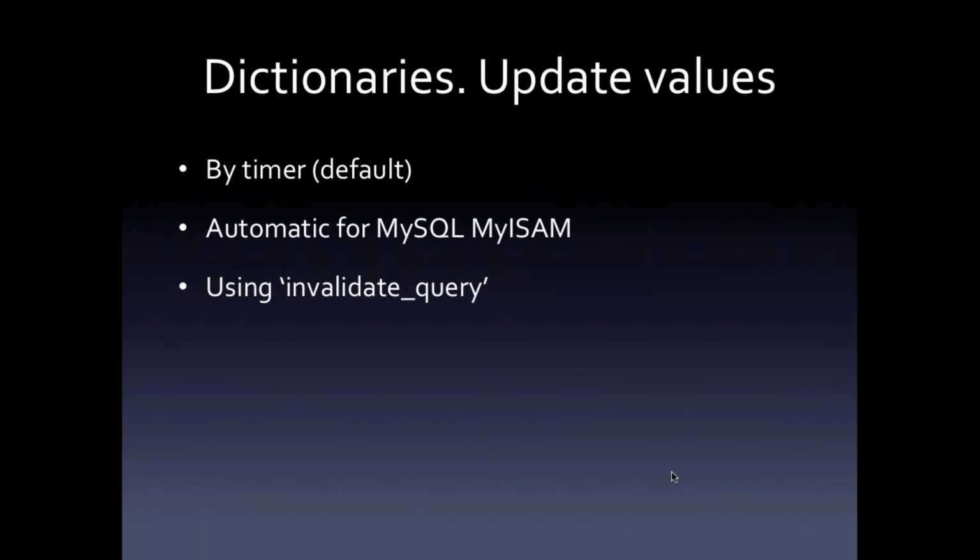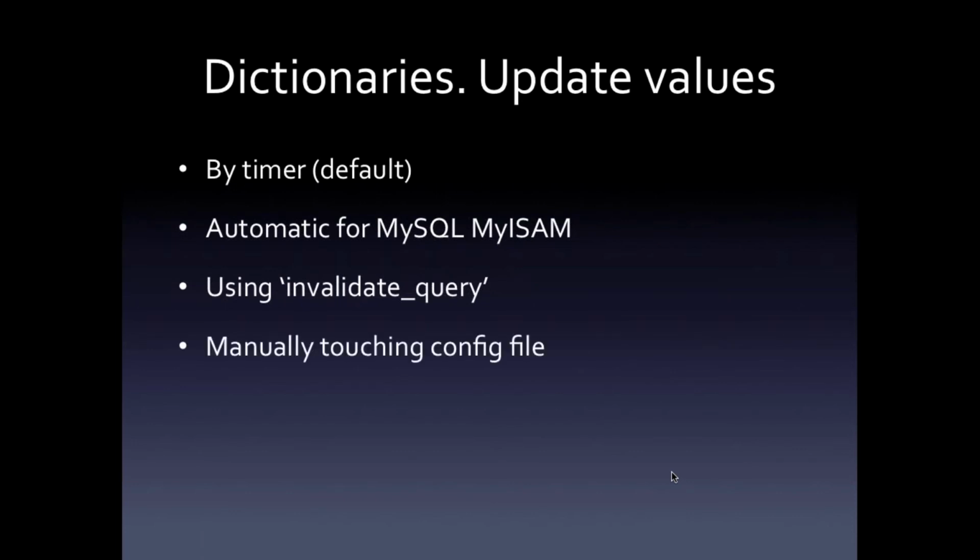Recently, probably a couple of months ago, the Yandex team added a new method which uses the invalidate query parameter, and it allows you to store the version or timestamp of the last dictionary update in ClickHouse, and ClickHouse checks the query hitting the source database to check if this value changed or not, and if there is a change, then it refreshes the dictionary.